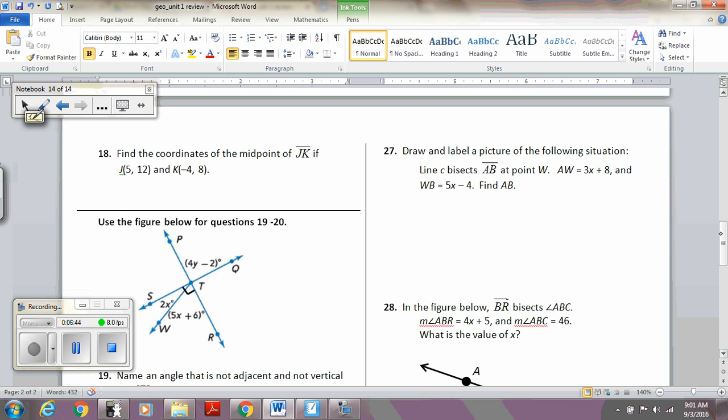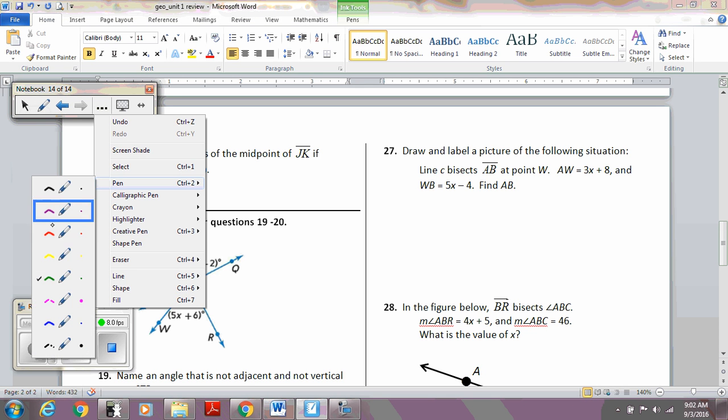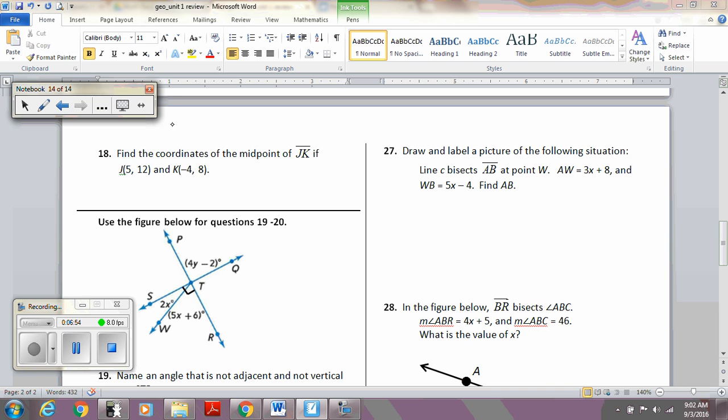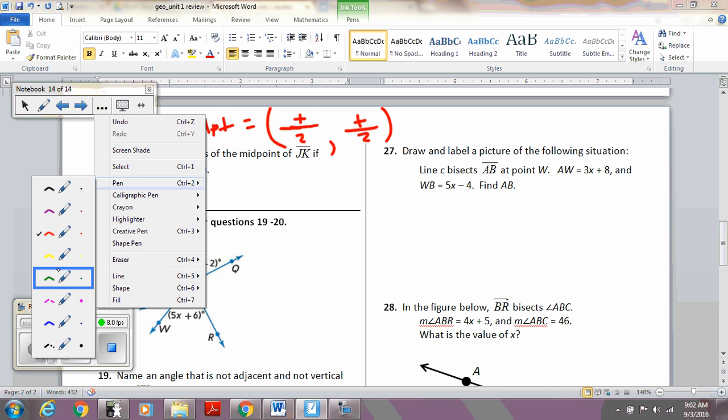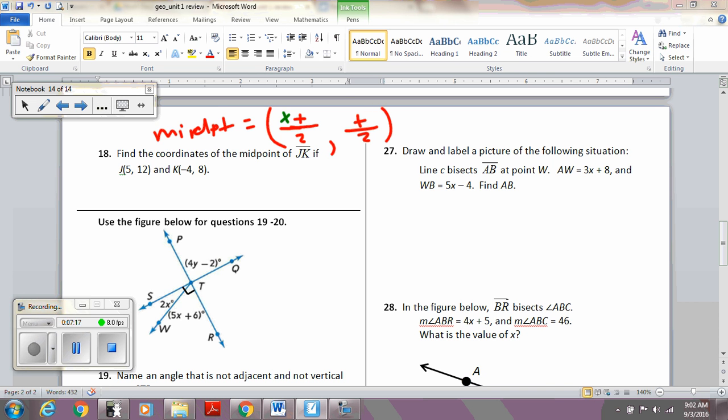Number 18 would like for us to find the coordinates of the midpoint of JK. Again, it's on a coordinate grid. The formula for midpoint on the coordinate grid looks as follows. What I put in red will be the formula skeleton. And then it's x plus x, y plus y.